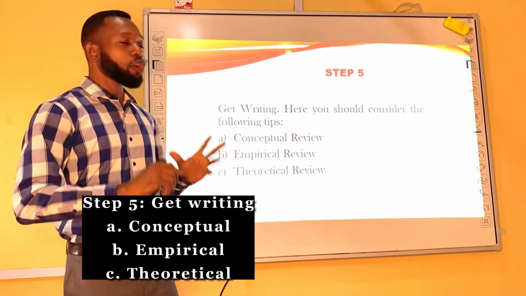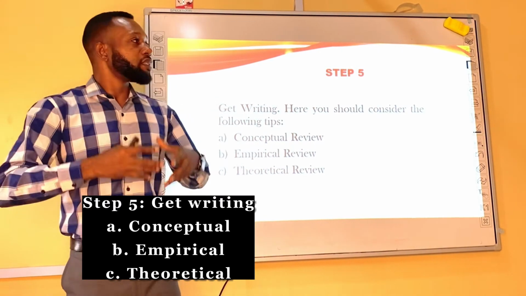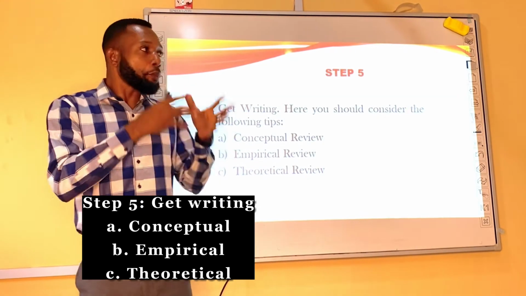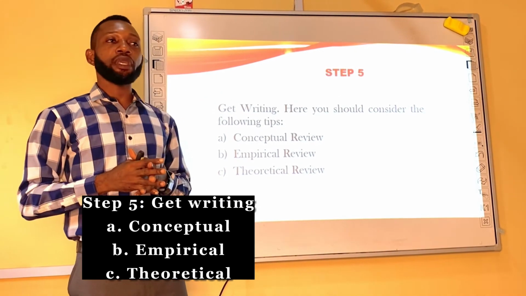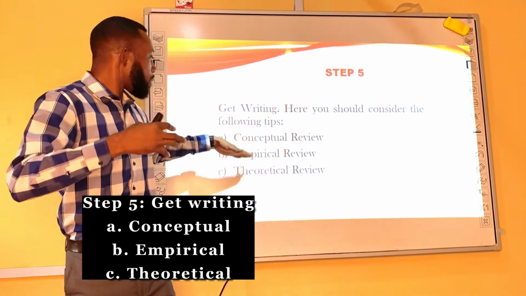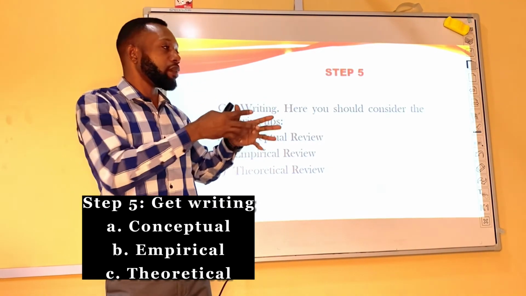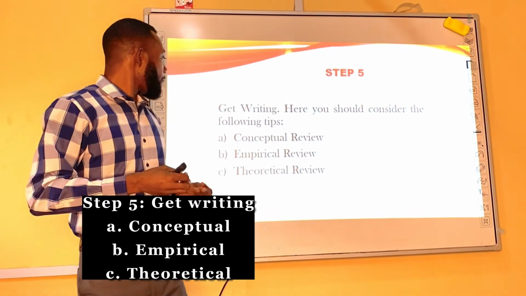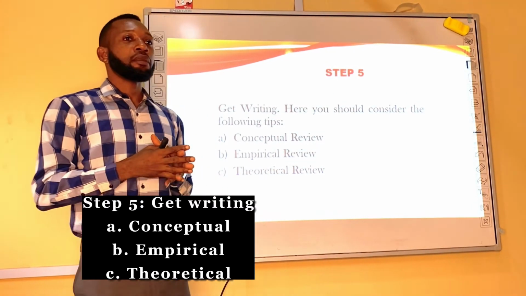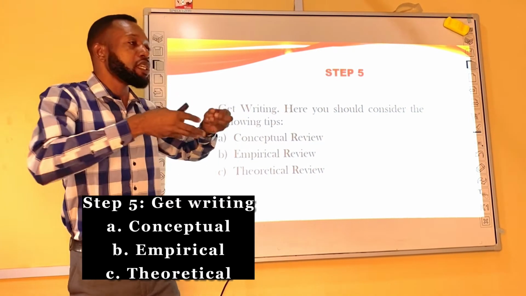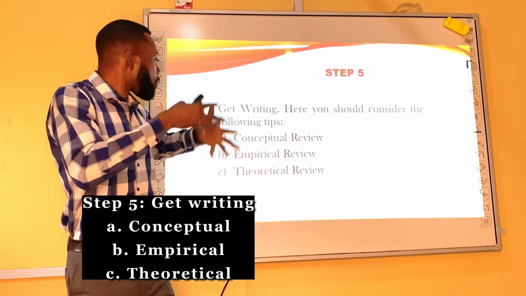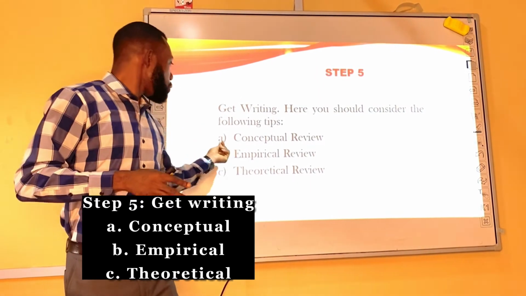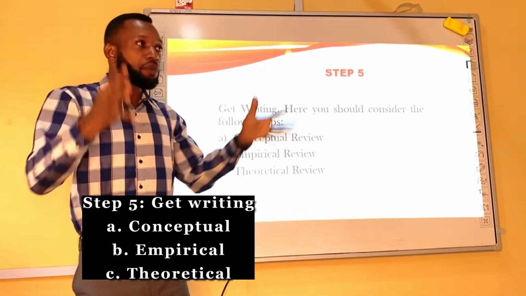At the level of conceptual review, the researcher is expected to look at the concepts that are very important to that particular topic, and what scholars in that area are saying about those concepts. Here you look at scholarly definitions and what scholars are saying as far as those concepts are concerned. So you do a conceptual review.